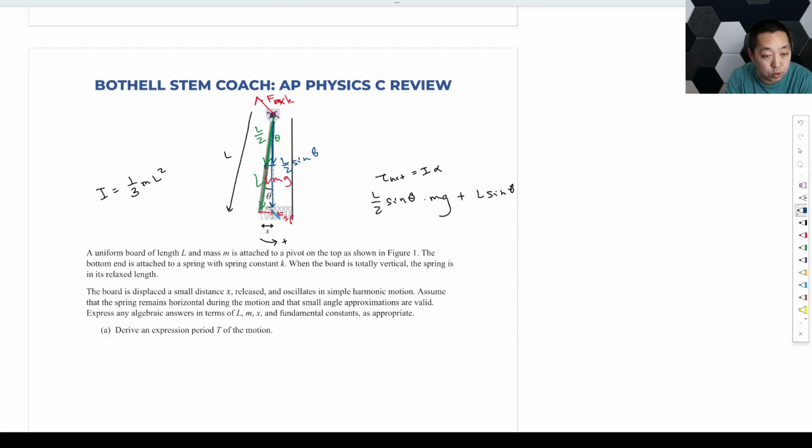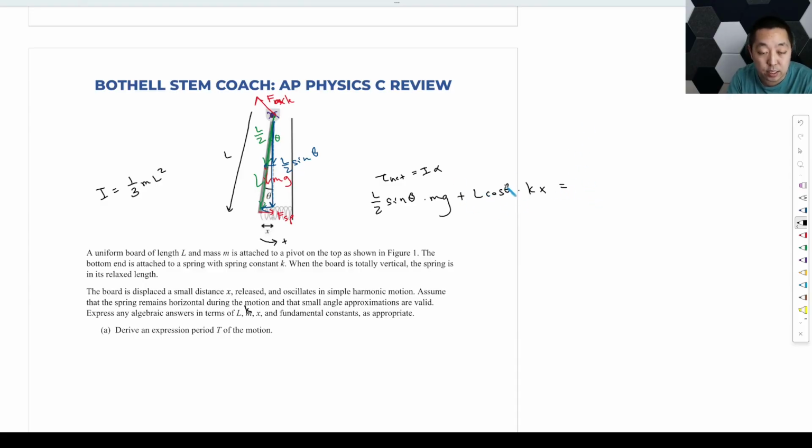The spring force is horizontal, right? So the distance we care about is L cosine theta times the spring force, which is K times x. We can use K, the spring constant, in our answer. So that's the net torque, and that's going to equal I alpha.